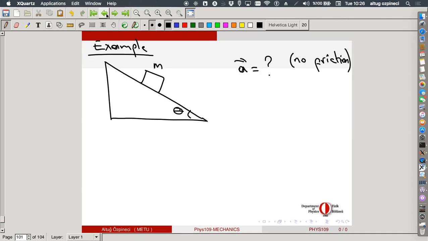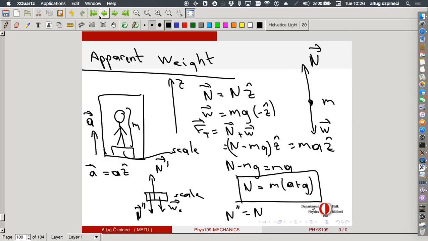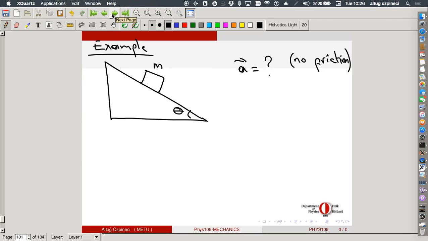Okay, now let's go back to the mass on an inclined plane. There was this question: how do we know that the normal force is perpendicular to the surface? We had already discussed the normal force. Here there is no friction.